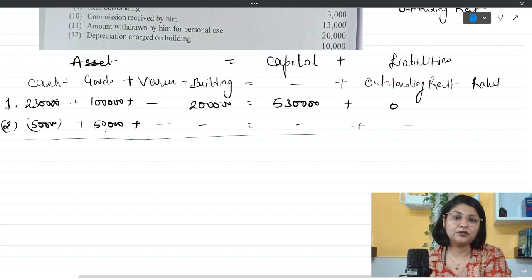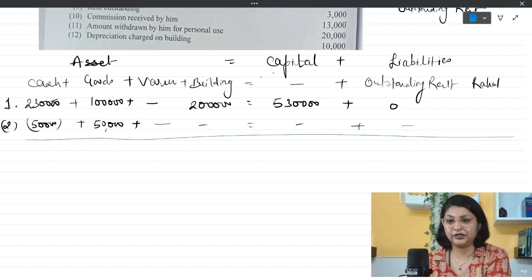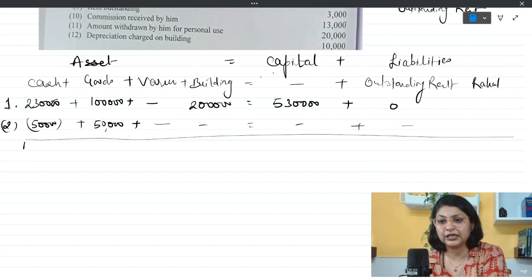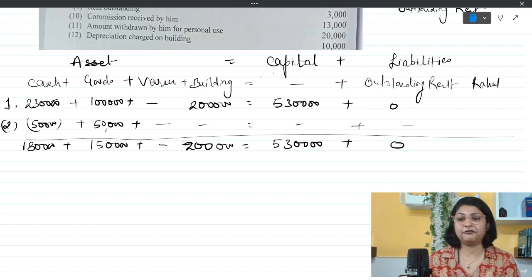So now my new equation is 2,30,000 minus 50,000, which is 1,80,000, and here it is 1,50,000 and 2 lakh rupees. The total of which is 5,30,000, and on the other side we also have 5,30,000.